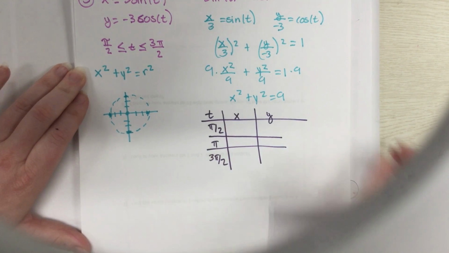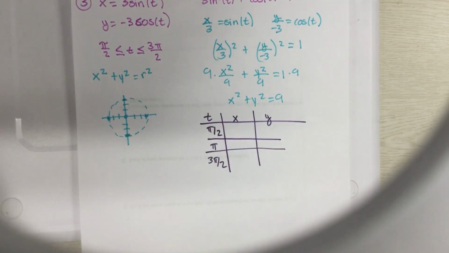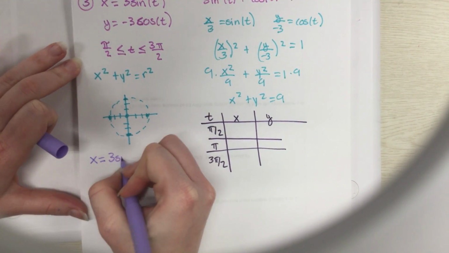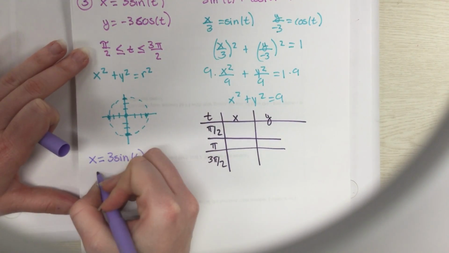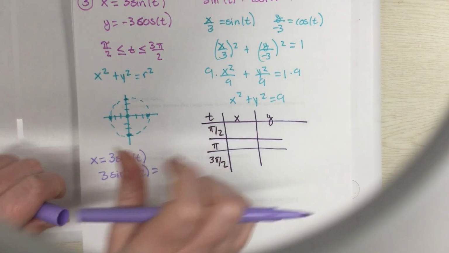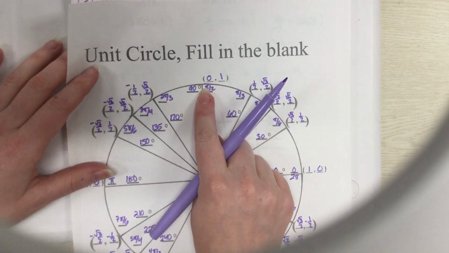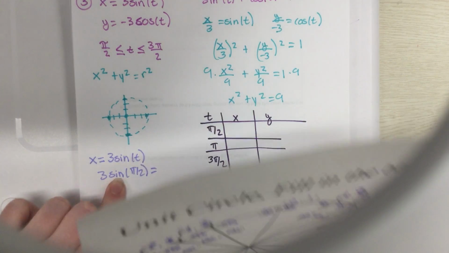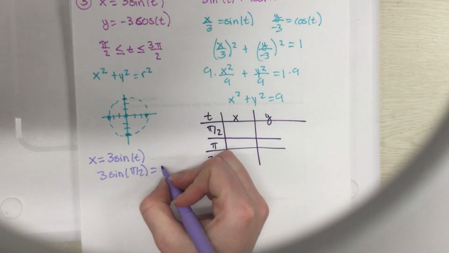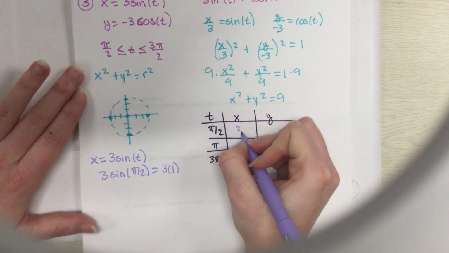All right, so let's start with our x, okay? So we have x is equal to 3 sine of t. So I have 3 times the sine of pi over 2. All right, and so here's pi over 2. We want the sine of it, so the sine is my y value, so it's going to be 1. So I have 3 times 1, which we know is 3.